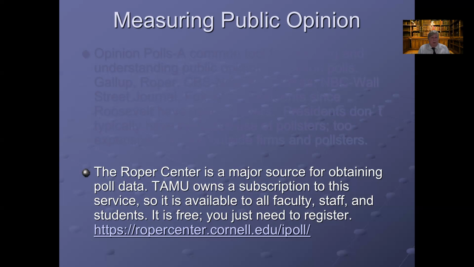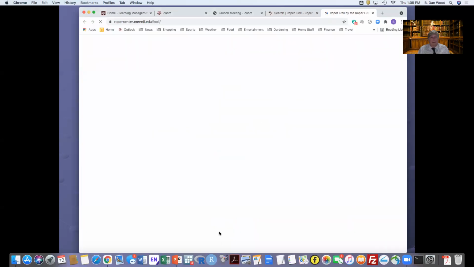Because we have a subscription to the Roper Center data source, it's freely available to all faculty, staff, and students. It's free to you. All you have to do is just register. And here's a hot link that takes you to the Roper Center. We're going to click that shortly, and you'll see how it works. Let's do it now.